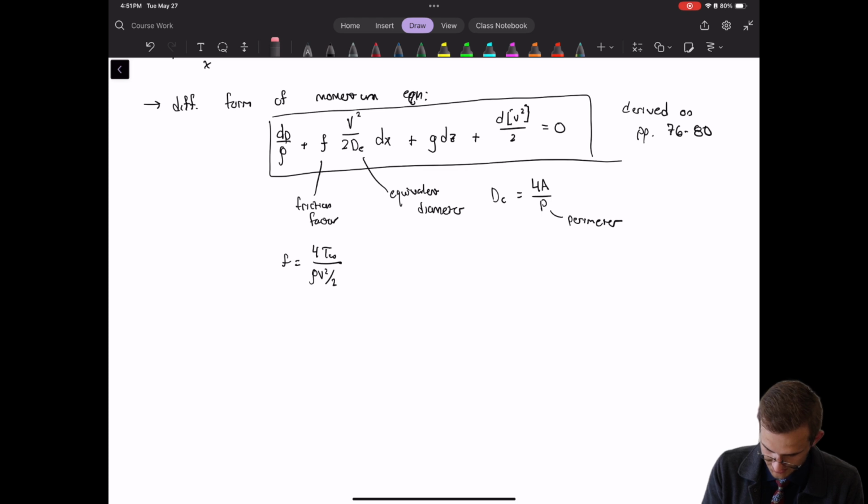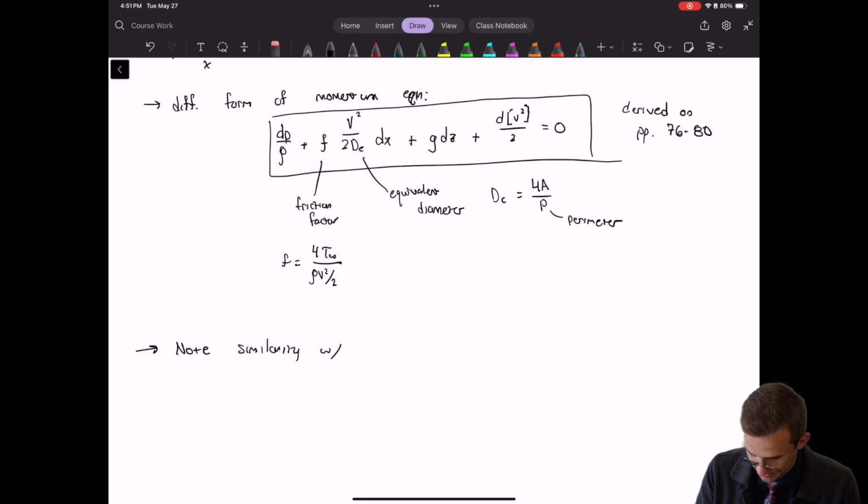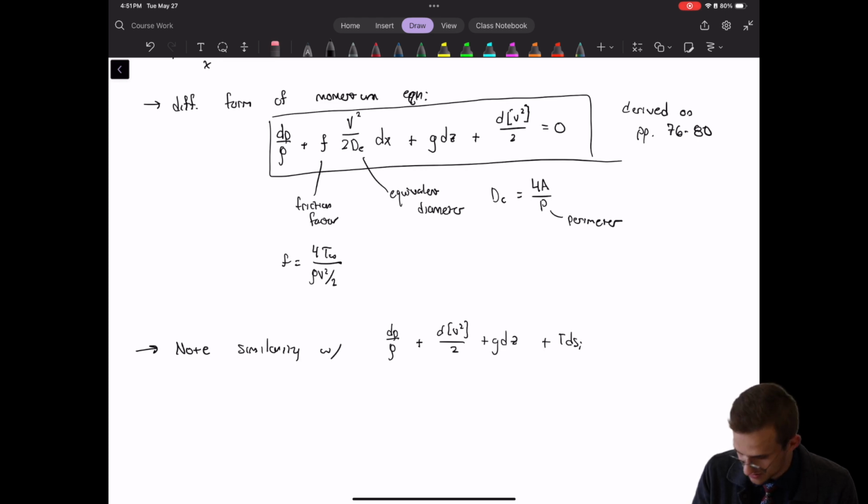Sorry. So note the similarity with the pressure energy equation, which said dP over rho plus d(V squared) over 2 plus g dZ plus T dS_i, right, that irreversible entropy term, plus delta S equals 0.